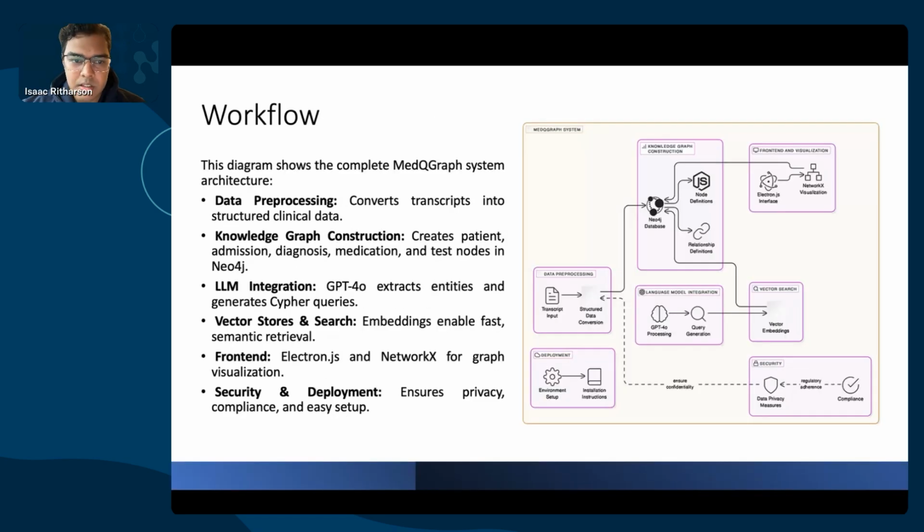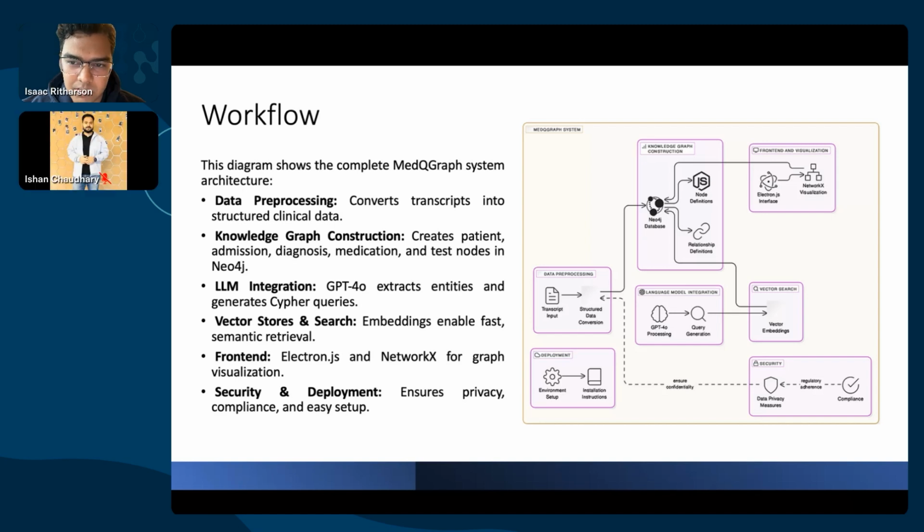system. So here is a simple architecture of our system, and it is a very high level architecture where we upload the transcript and it is sent to the Neo4j database to construct a knowledge graph, which is our temporal medical knowledge graph.